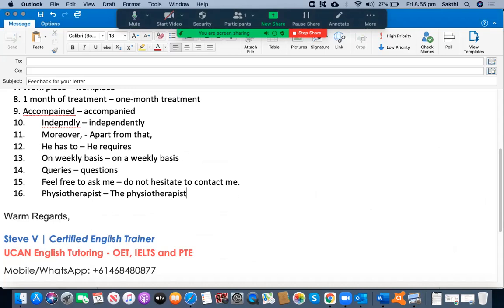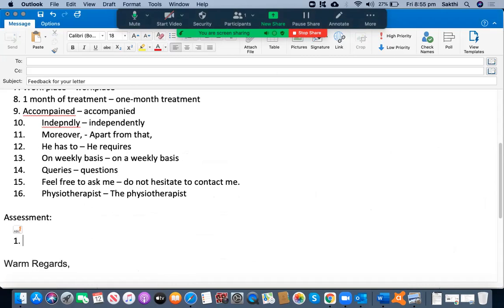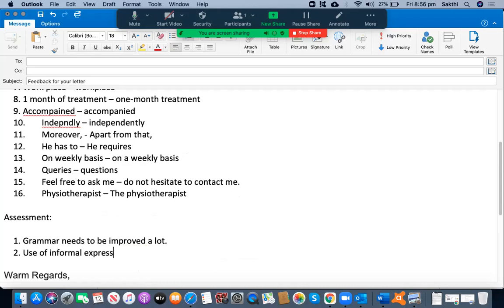Okay, so these are the mistakes you have committed. Let me go through the assessment now. So the assessment is: grammar needs to be improved a lot because you have committed many grammatical mistakes and they need to be addressed as soon as possible. That's one thing. And then use of informal expressions needs to be avoided as well.